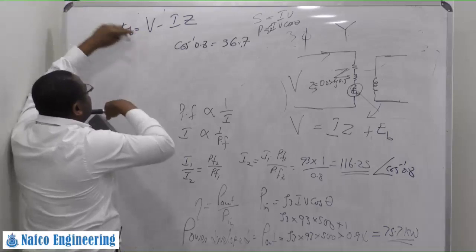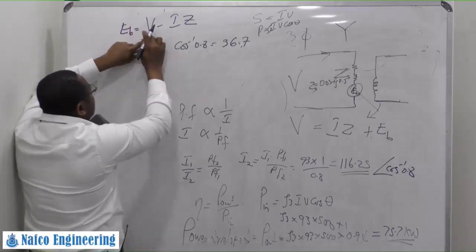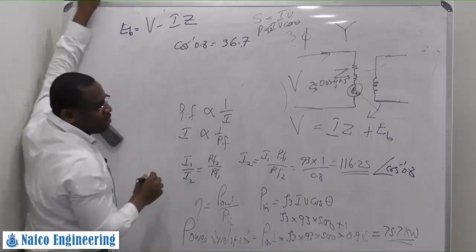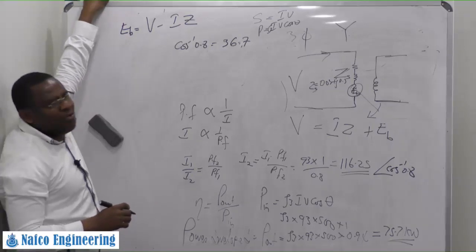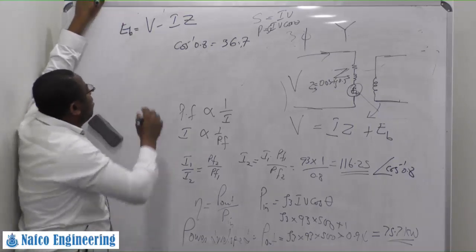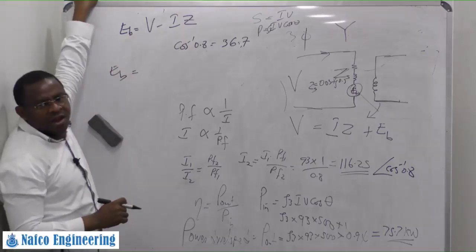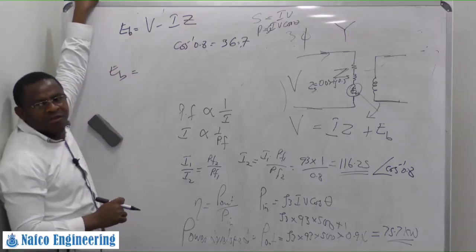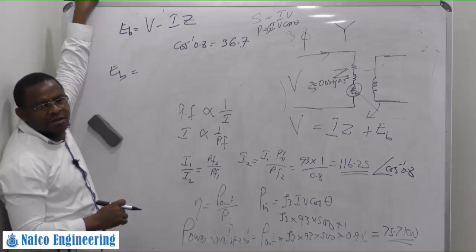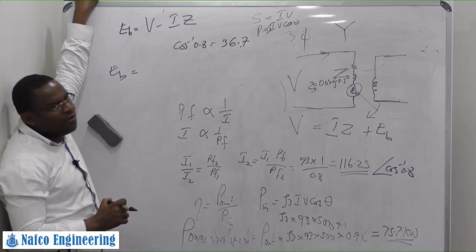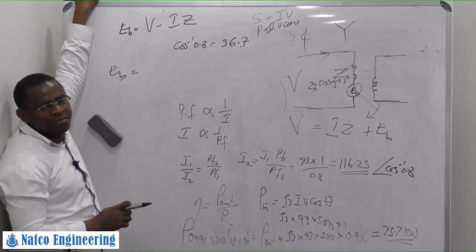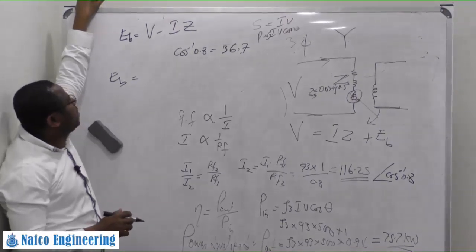Now let's calculate this. What voltage am I going to put here first? Just want to check if we know what we are doing. Because I want to now solve EB. What voltage can I put there? 500. Is it true? What is V?